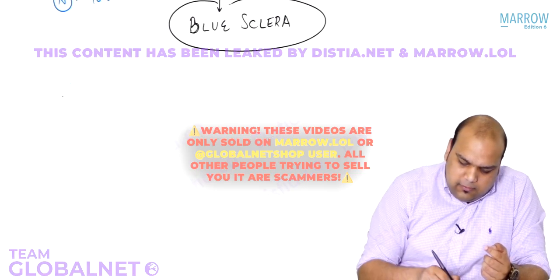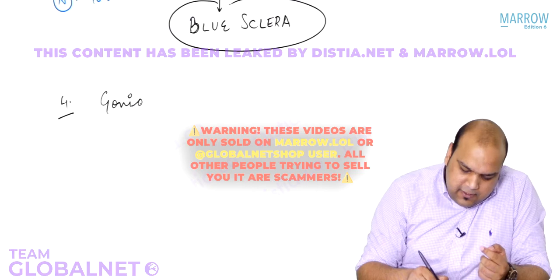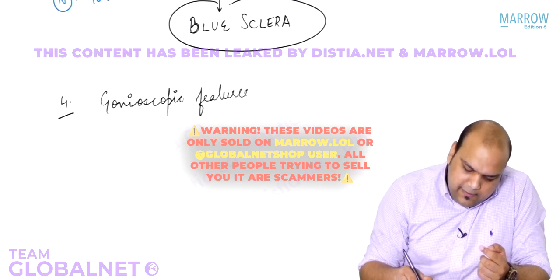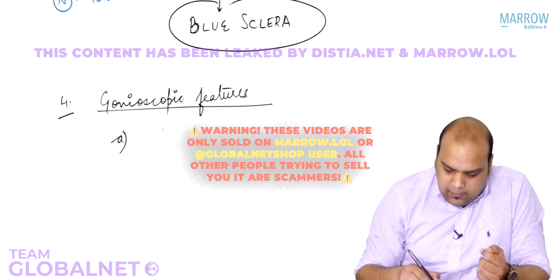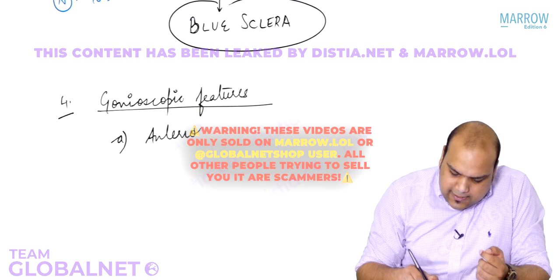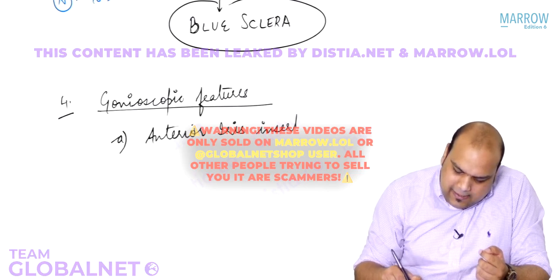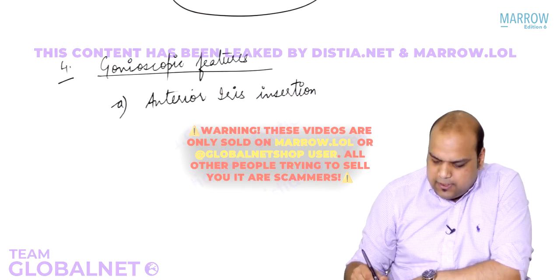But if it is a glaucoma, you may also want to do what, everybody? Gonioscopy. So what are the gonioscopic features? There are 3 gonioscopic findings characteristic for congenital glaucoma. First of all, on examination, the iris is inserted anteriorly, anterior to the normal position of insertion of iris.